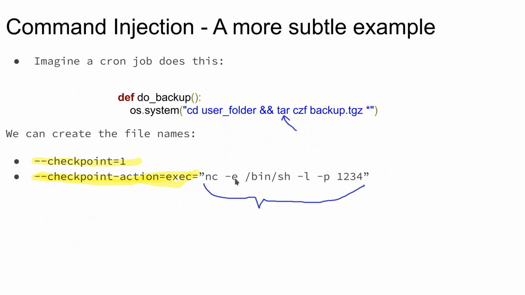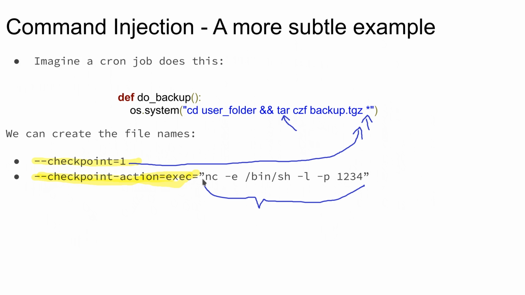So why does this work? Well, as I've said, this asterisk is a shell wildcard. So the shell will replace this asterisk with all file names in the current directory. And since we have created these file names, they will be appended here by the shell, and the tar program has no chance of knowing if these are meant as command line parameters or as file names.